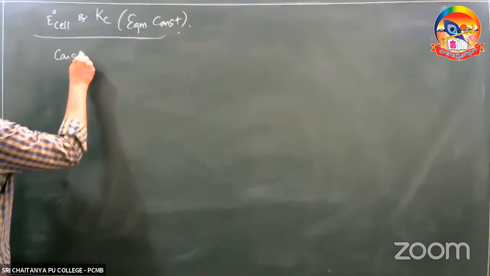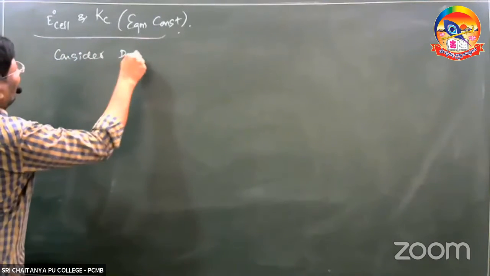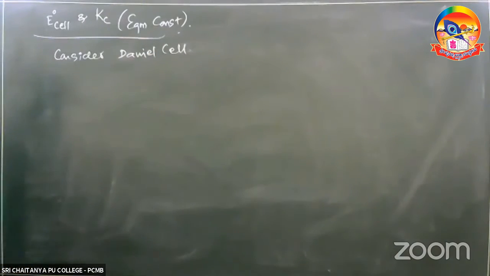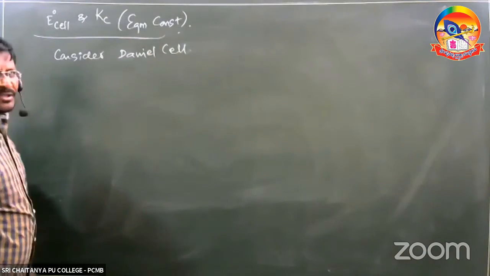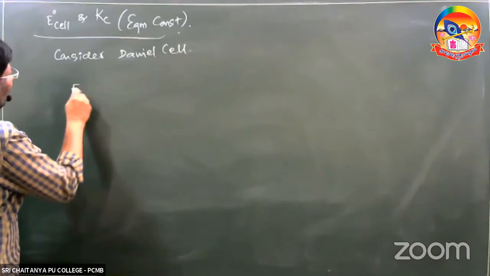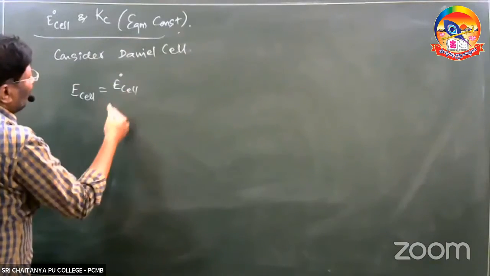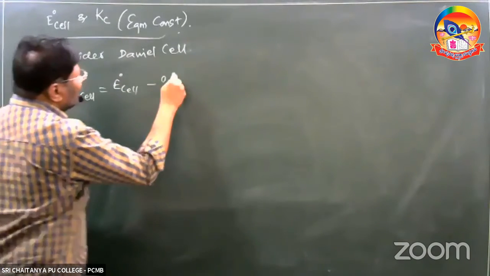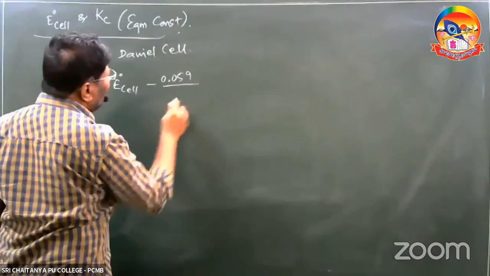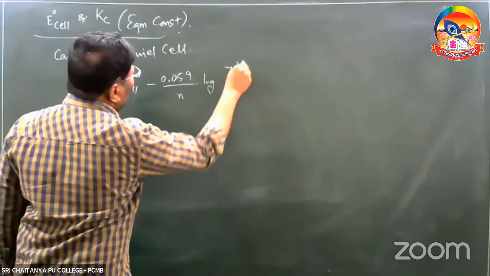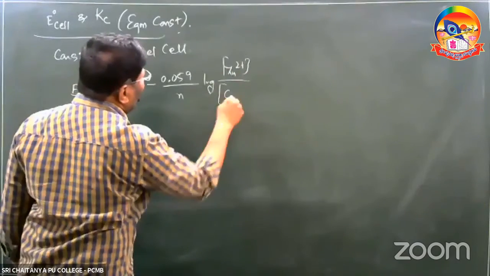Suppose we consider the Daniell cell. In that Daniell cell, what do you write? E cell is equal to E naught cell minus 0.059 by n log Zn2 plus divided by Cu2 plus.